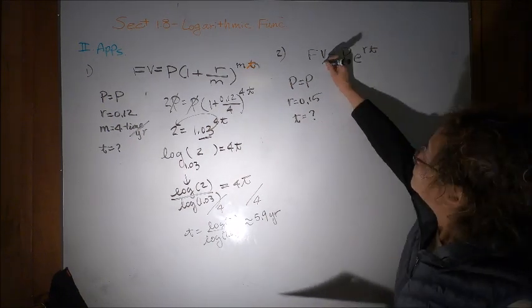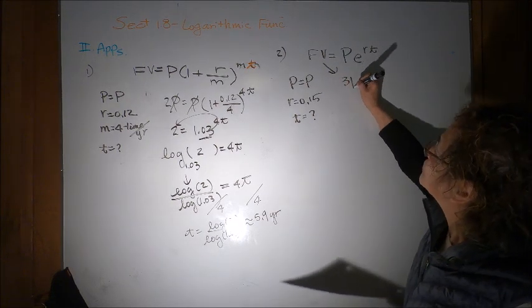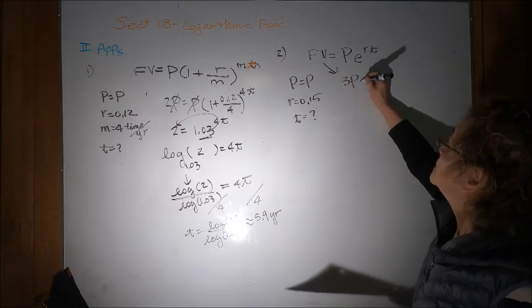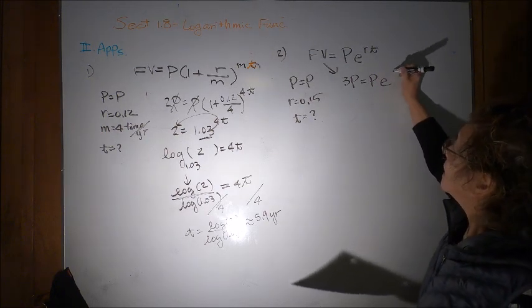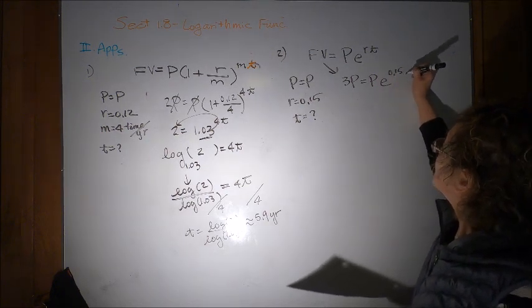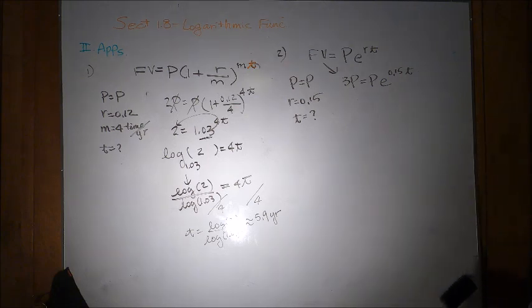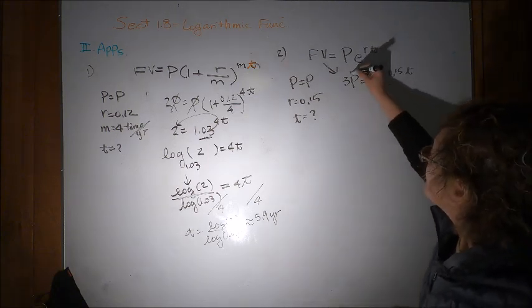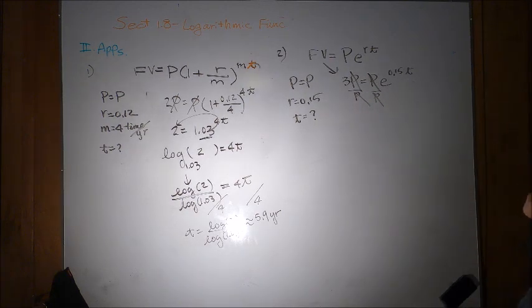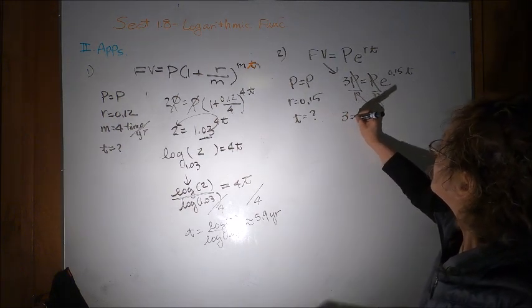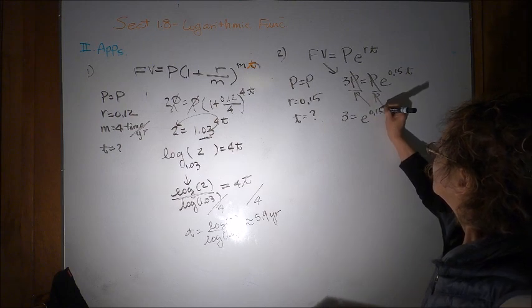So, future value is what? 3 times that much. So that P, e to the what? R is 0.15 to the T. So, we can cancel out the P divided by P, right? So what do we have? 3 equals e to the 0.15t.